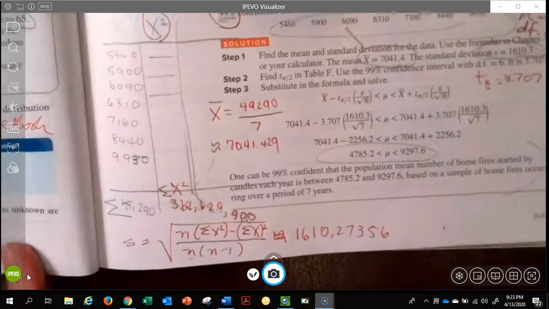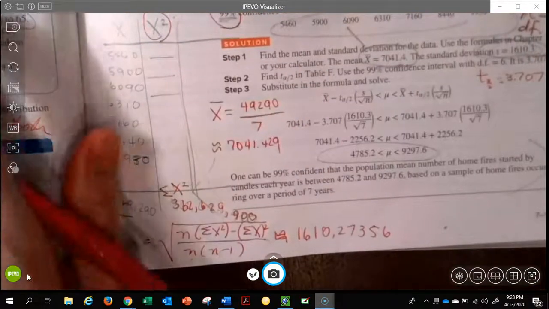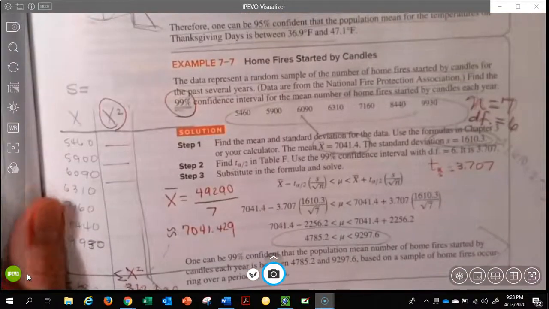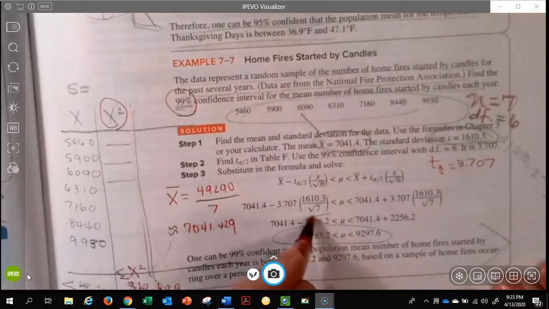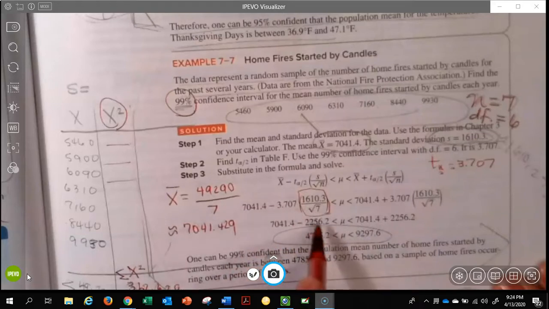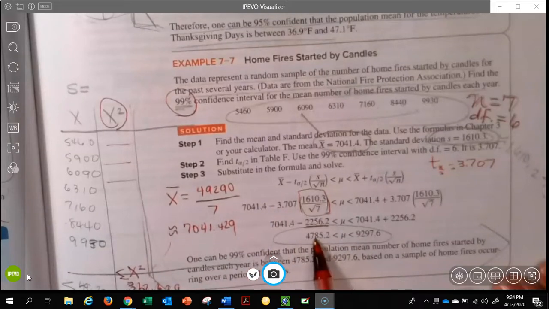I wanted to walk through all of these pieces because it's been a long time since you've seen that. This is a great place to bring it back in. All of this is happening, and I would lazy out and pop this in my calculator and write it down, because I will take my mean that I found over here, subtract this value, and I'm going to write it down.